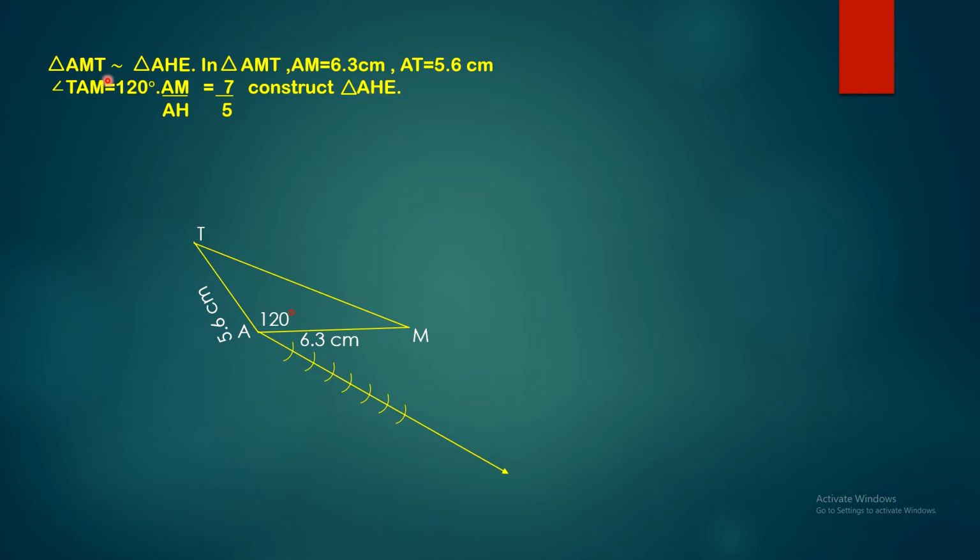Okay, 7 equal parts. Now we have to join this seventh part to M. So from this seventh part, join the point M. Okay. Now we have to join the 5th part to AH. That means from the 5th part we have to draw a line parallel to this. Okay. So first we have to make a congruent angle.